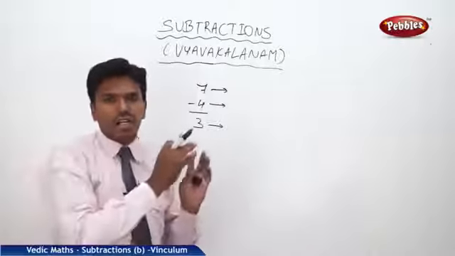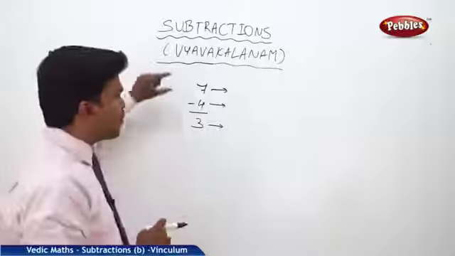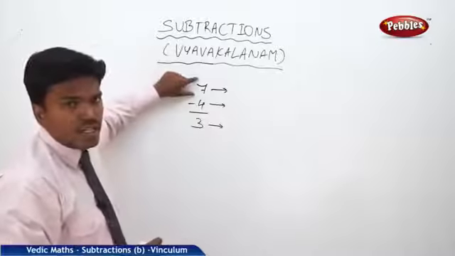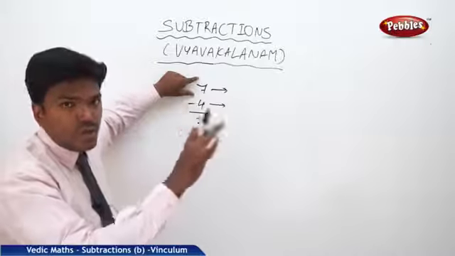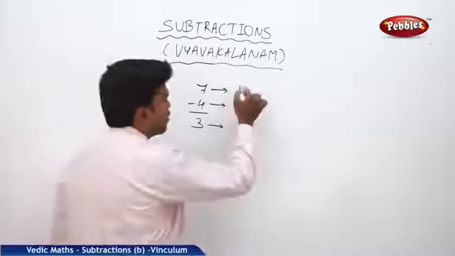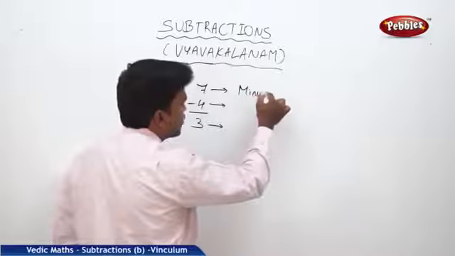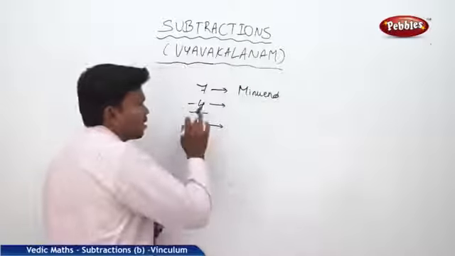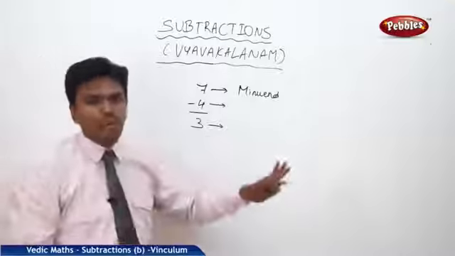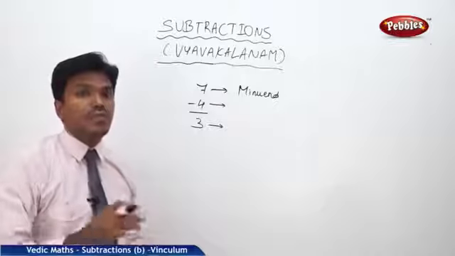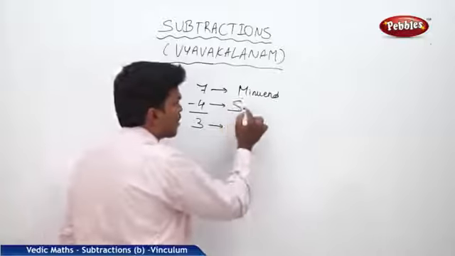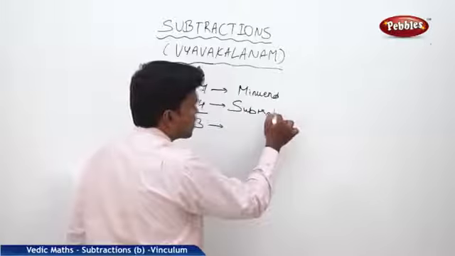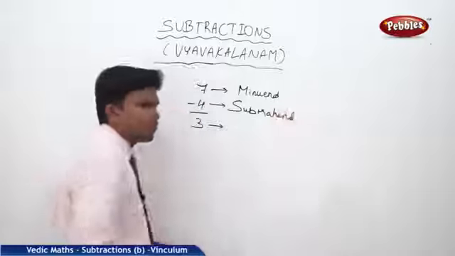The above number, that is 7, which we are subtracting from, is known as minuend. That means the number which we are subtracting from is known as minuend, and the number which we are subtracting, the below one, we call it subtrahend.